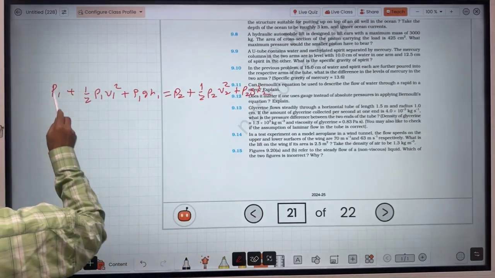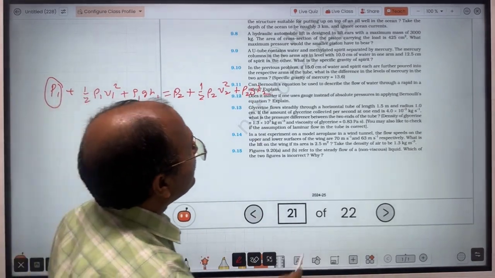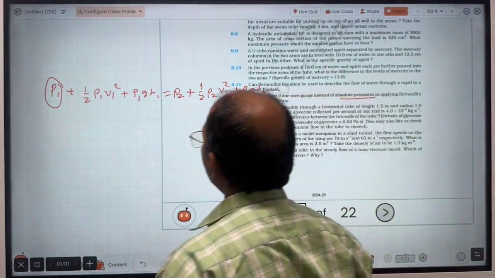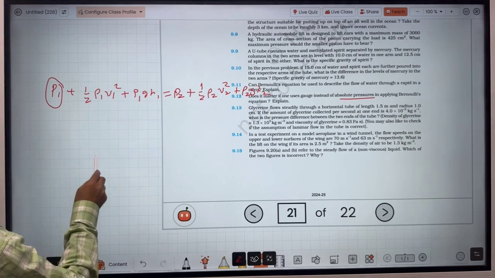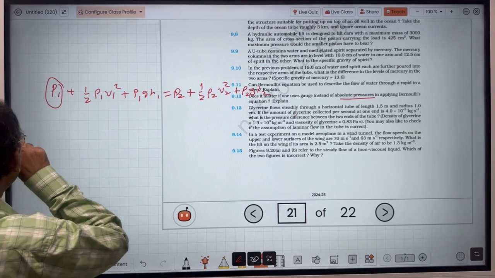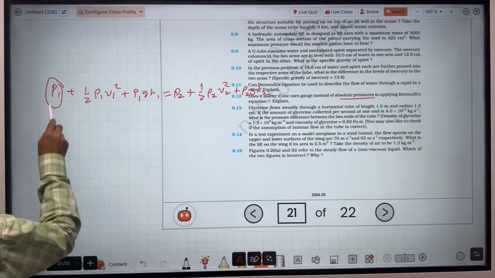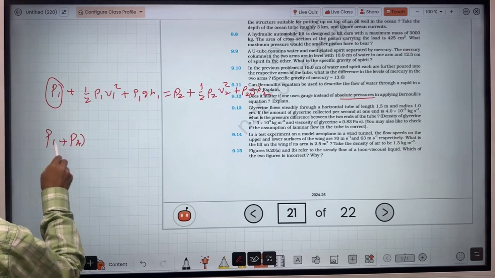Here they are saying, instead of P1, if they take absolute pressure. We have already studied two types of pressures. One is gauge pressure, which means actual pressure, ignoring the pressure due to the atmosphere. Absolute pressure means P1 plus PA, where atmospheric pressure is also considered.